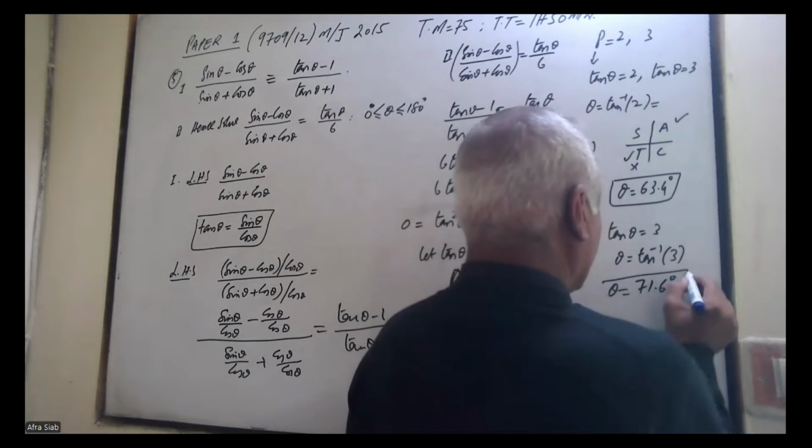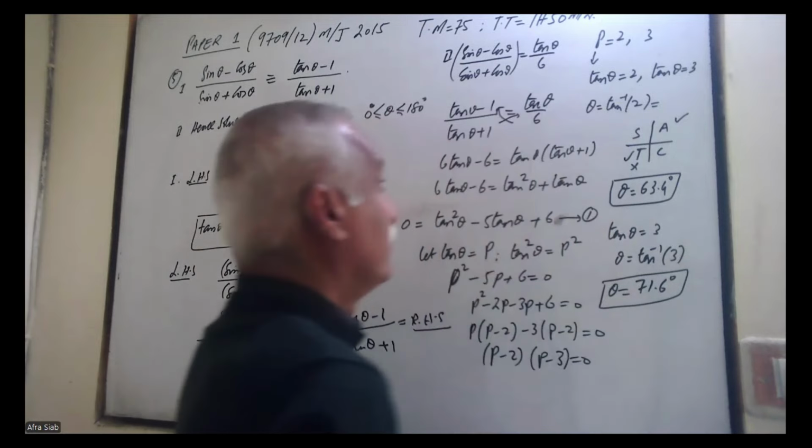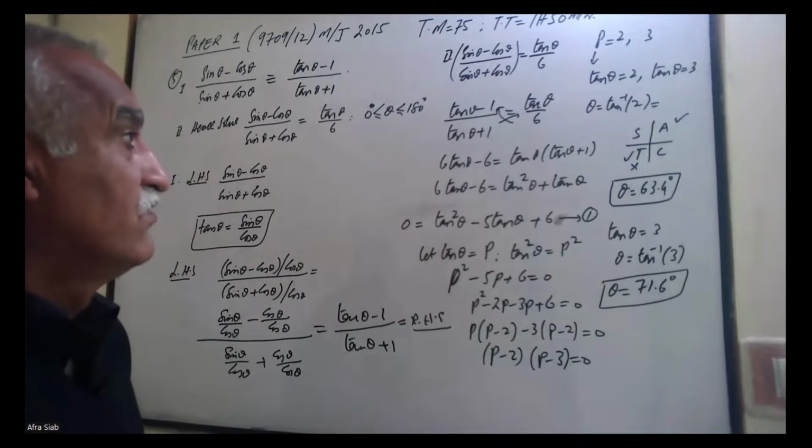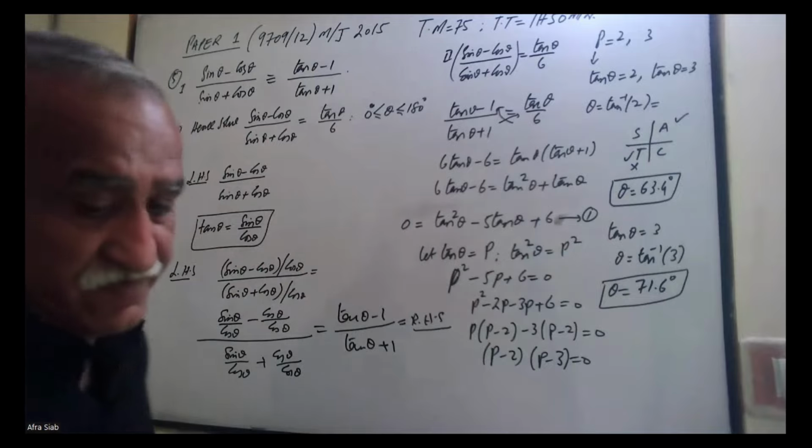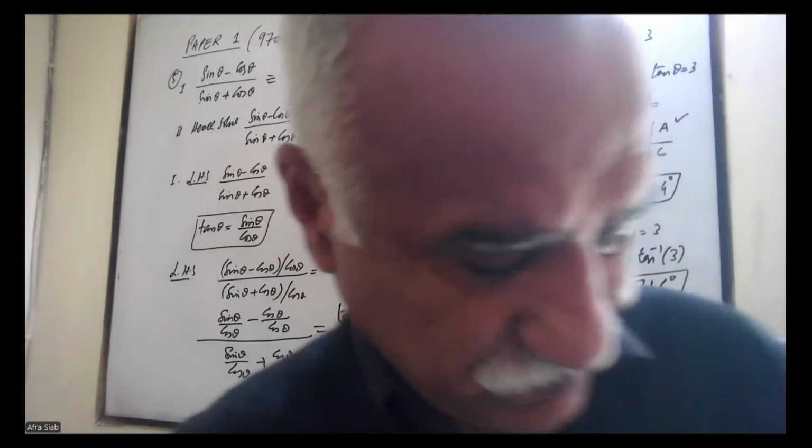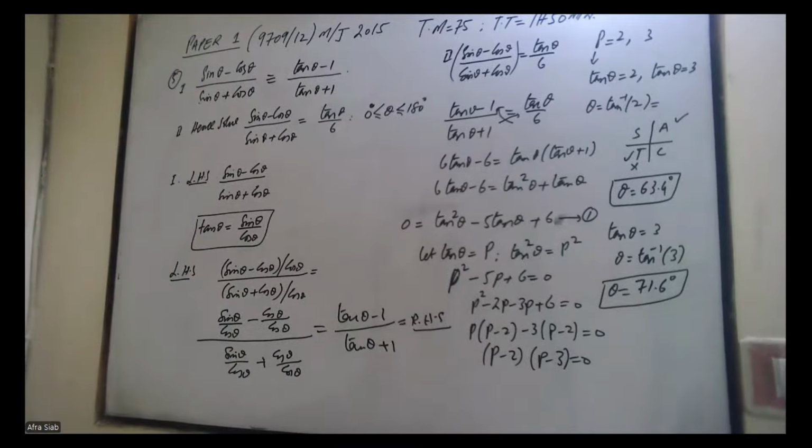So these are the two specific values of theta in the range of 0 to 180 for this expansion. We are starting the next question.